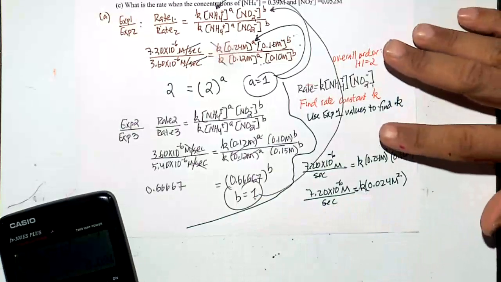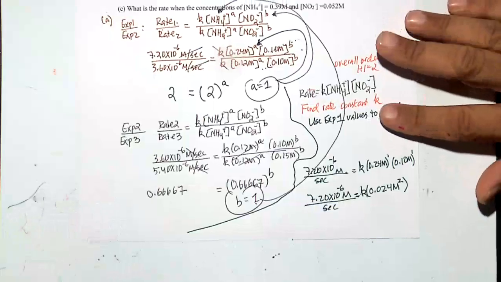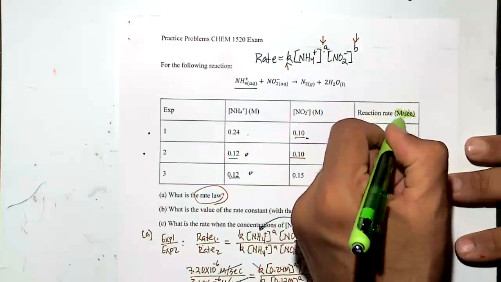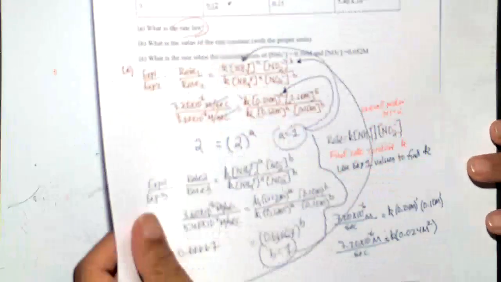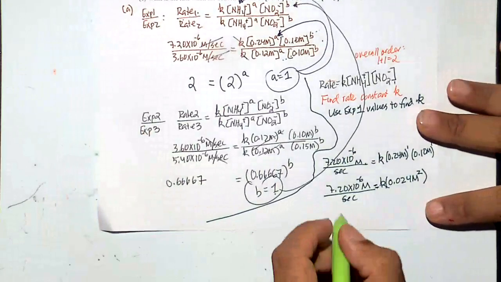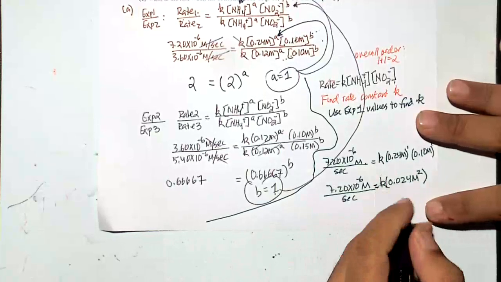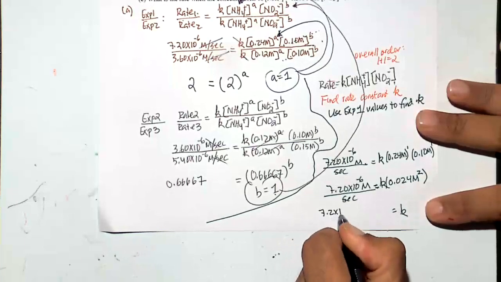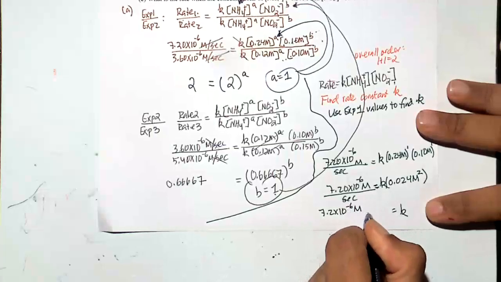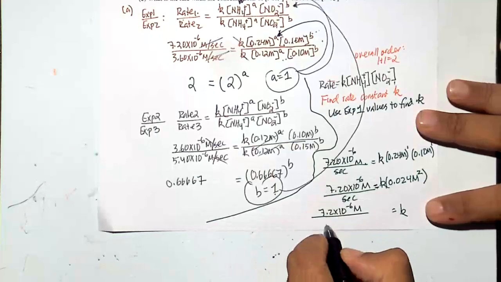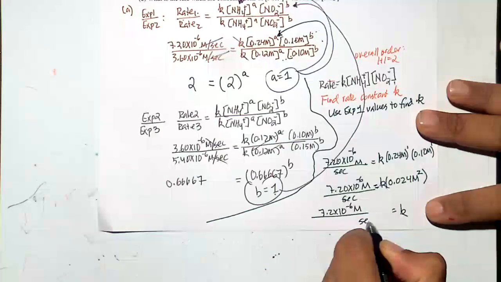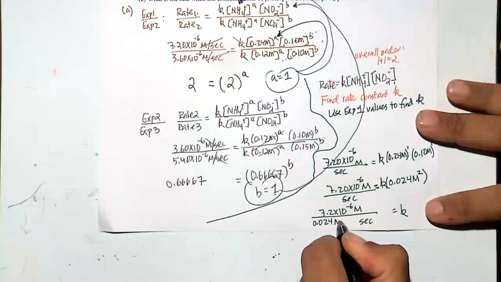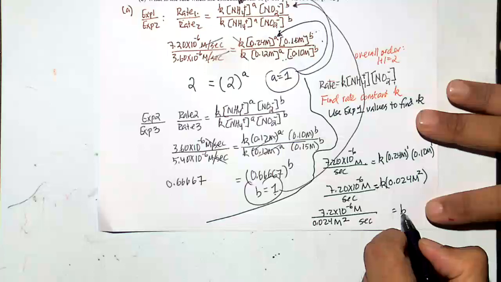Those are the units that we see right here. So our k here is going to be 7.2 times 10 to the minus 6 big M, with seconds in the denominator, divided by 0.024 M squared.